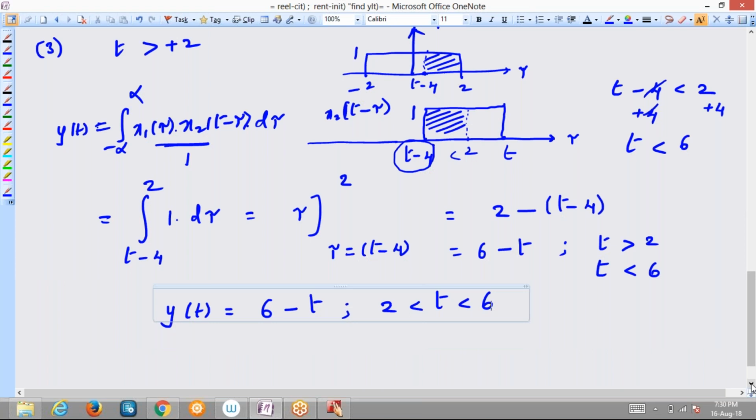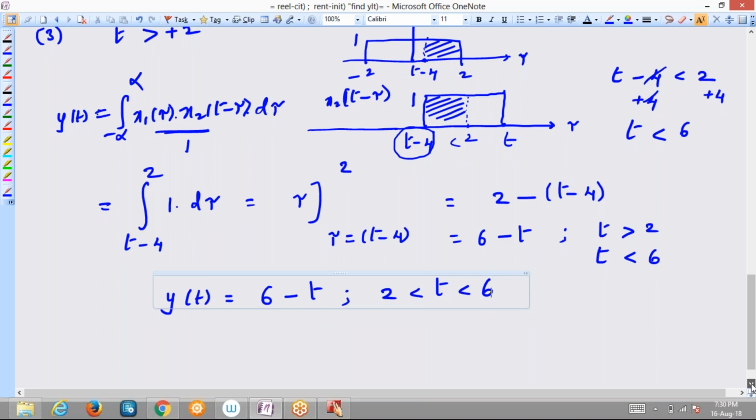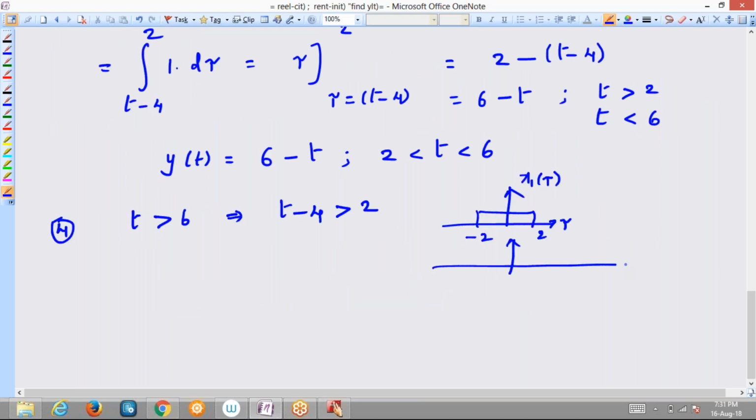So the fourth case is that t minus 4 value will be greater than 2. In such a case, we will get t minus 4 greater than 2, so that there will be no non-zero part for x1 of tau and x2 of t minus tau.